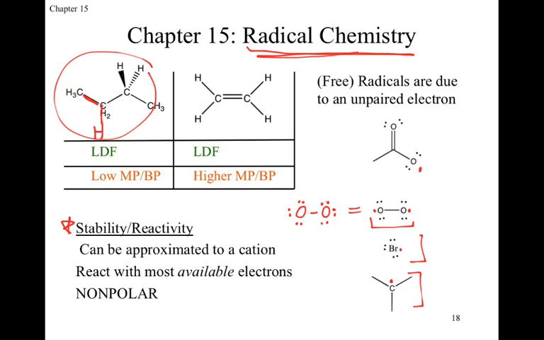They will react very quickly with the most available electrons possible. There's a variety of ways that we can look at available, so that one becomes a little bit trickier to work with. And what we're looking at is reacting nonpolar bonds, most typically, because polar bonds, we've got other easier methods to take advantage of for our radicals.